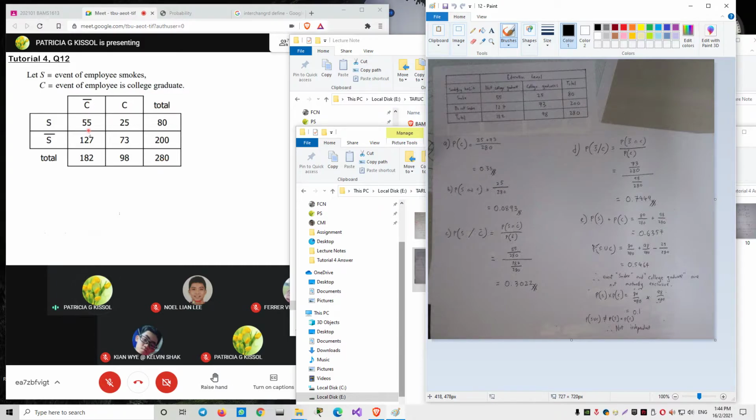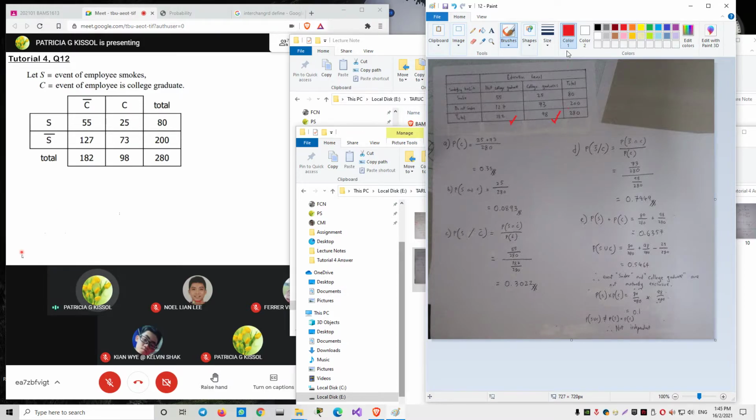And for college graduate or not, we have 182 not college graduate and 98 as college graduate if you total each of the values.